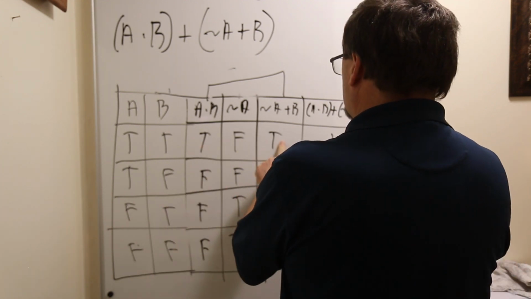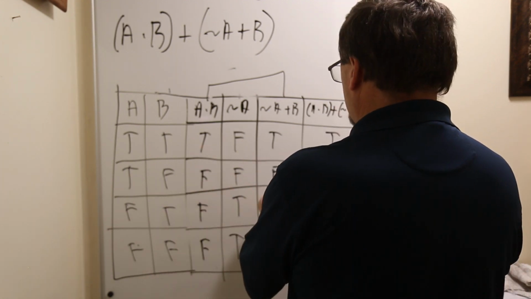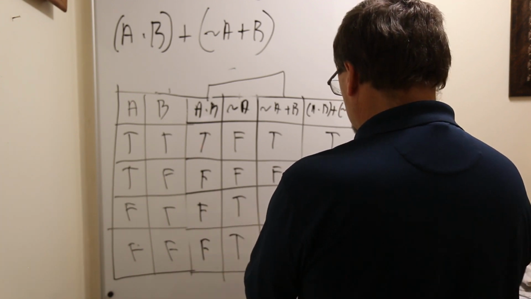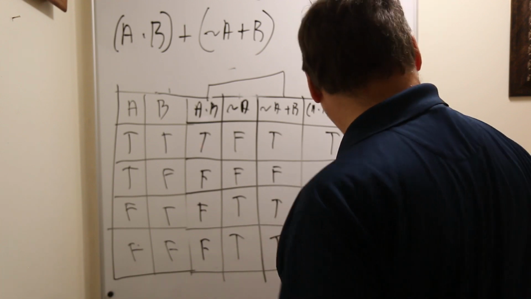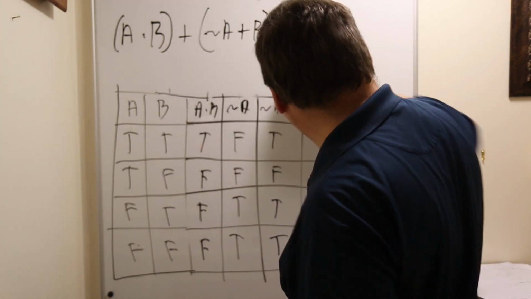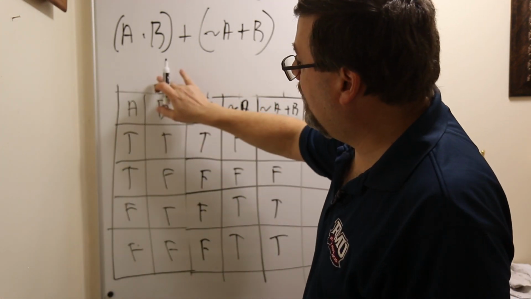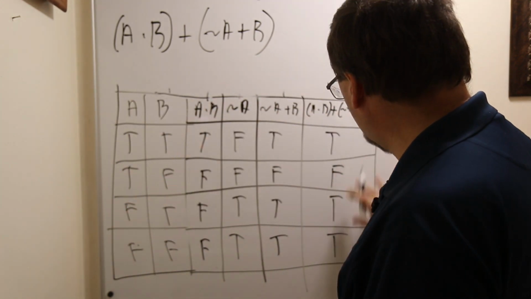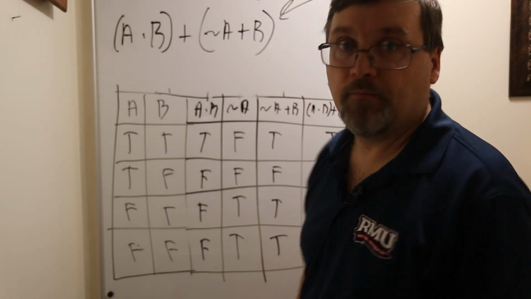True or true is true, false or false is false, false or true is true, false or true is true. So if we're looking at the different combinations of A and B and their truth or falseness, we can see that this is the result for this whole thing.